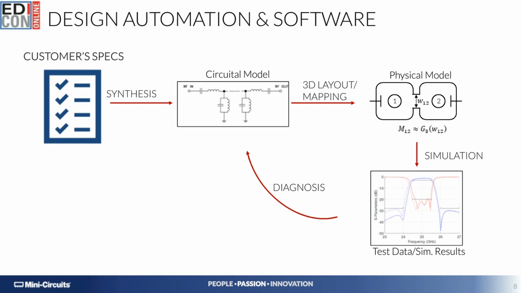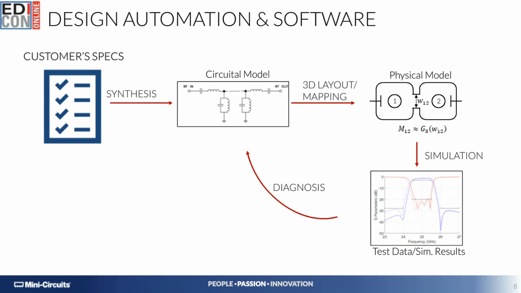This is what we call the circuital model. This circuital model then goes into a 3D layout mapping process where we translate the actual circuital device into an actual geometrical 3D simulation model.